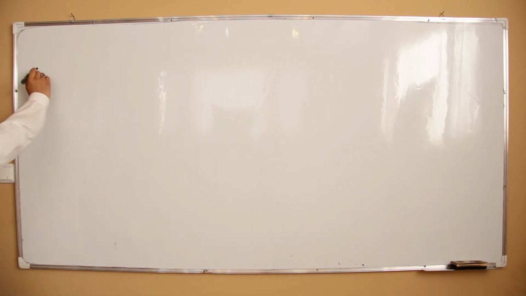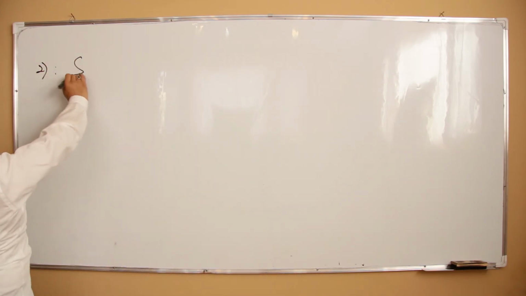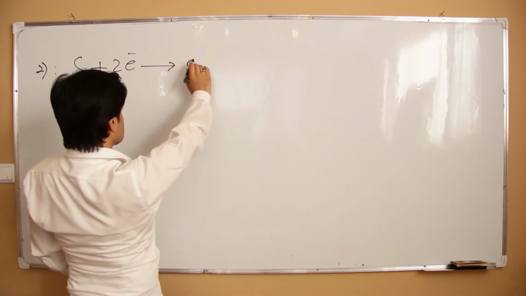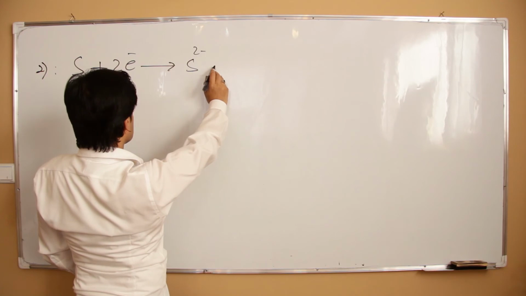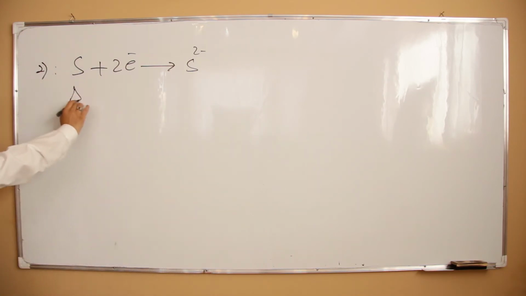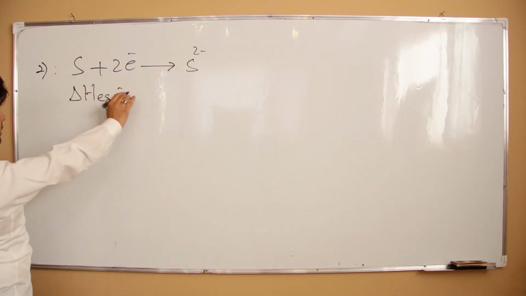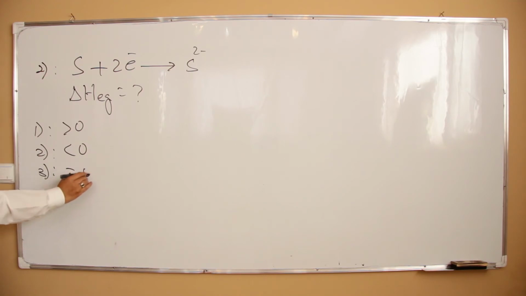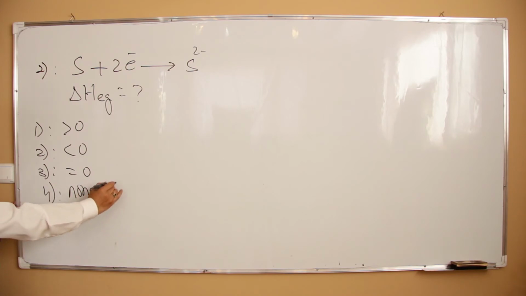For example, number 2, sulfur plus 2 electrons, it is S2 negative. Now, what is delta H, electron gain enthalpy? The answers are number 1 greater than 0, number 2 smaller than 0, number 3 equal to 0, and number 4 none of them. What do you think?